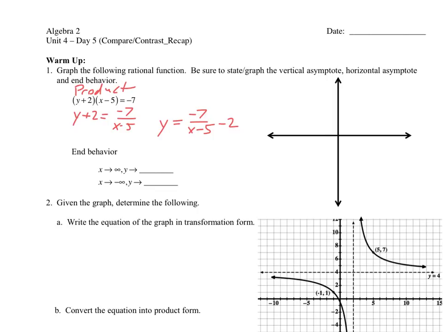So I'm just going to right away here mark my 2 tick marks and then add my horizontal asymptote right through there, and then at x equals 5 is where my vertical asymptote is going to be, so I need to change to that.